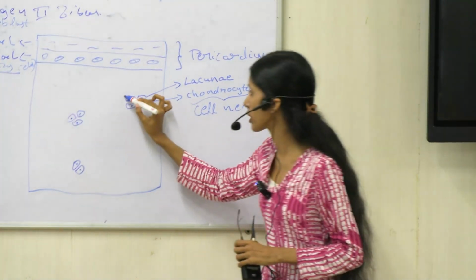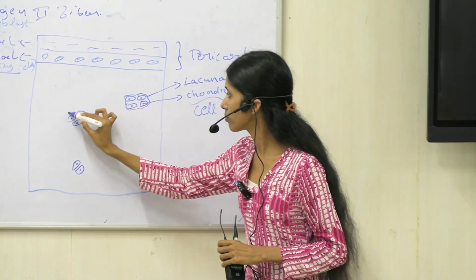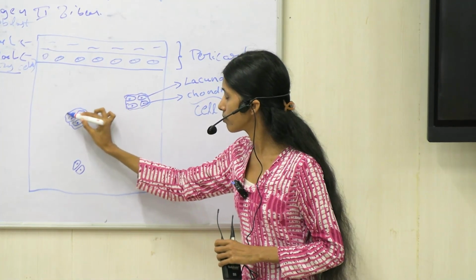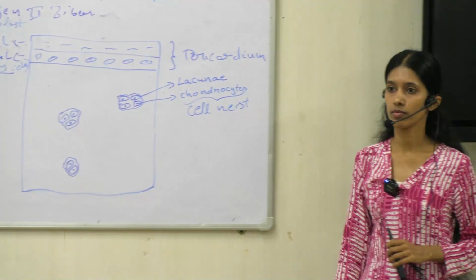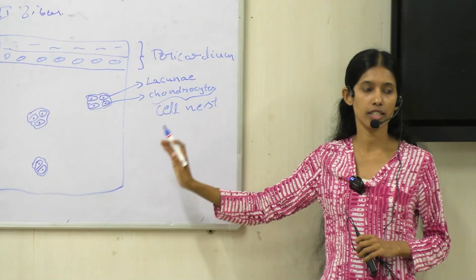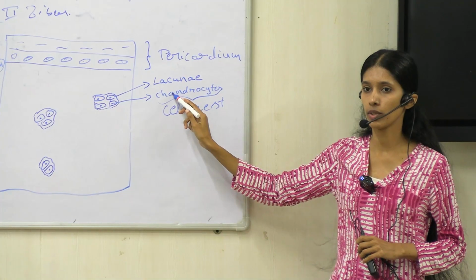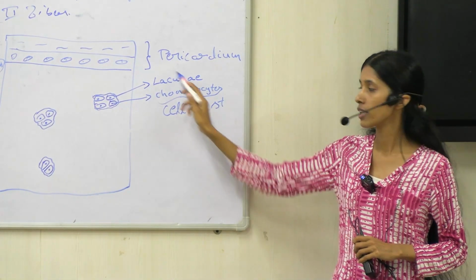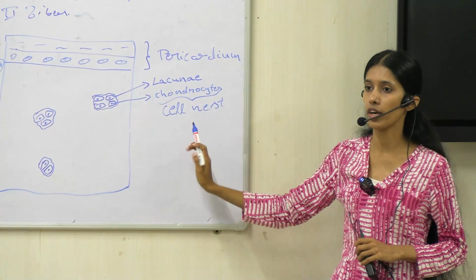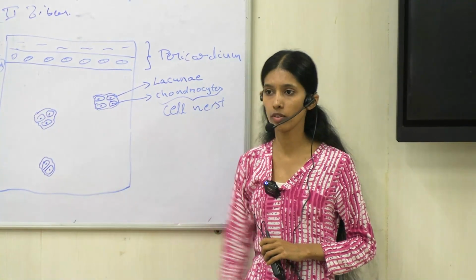It is present like this. In the central area we can see a small cell-like structure, that is called lacunae. Inside the lacunae we can see the presence of chondrocyte cells. These two structures together called as a cell nest. It appears like this in your microscopic view.